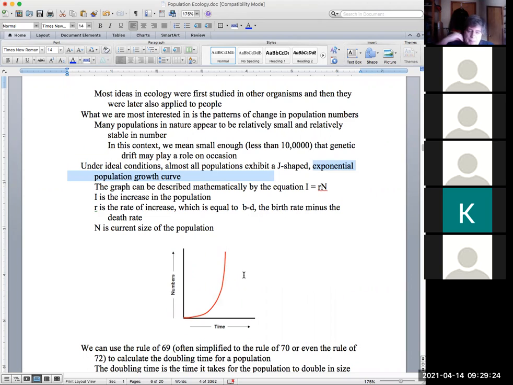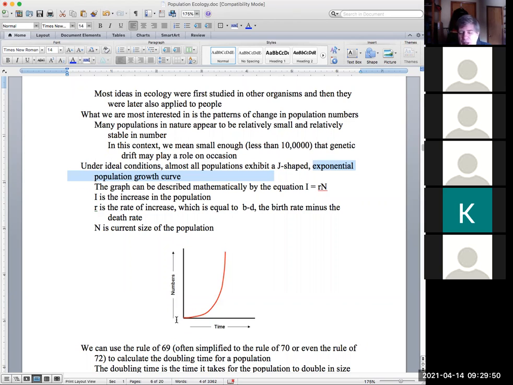And remember, a parabola, the equation for this would be something like y equals x squared, where y is the population number and x is the time. Notice x squared has an exponent, so this is also called an exponential population growth curve.